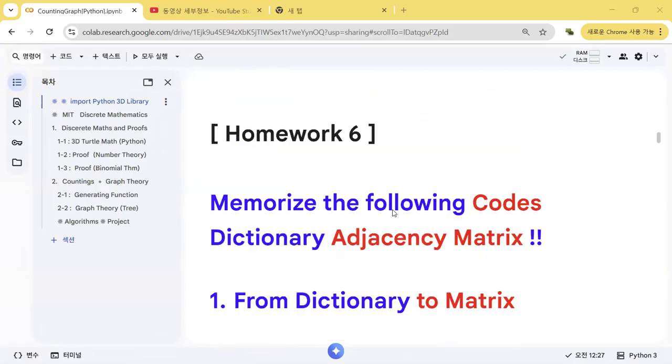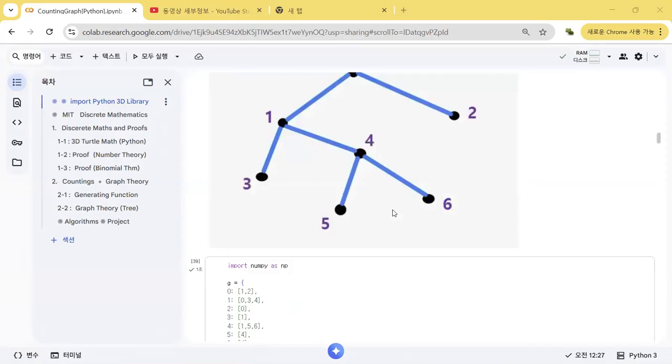Anyway, dictionary and matrix are very important in studying graph theory. Okay, let's stop here because I will explain this one more. Anyway, this problem will appear in our final examination. So in the last class, I will explain this code again.